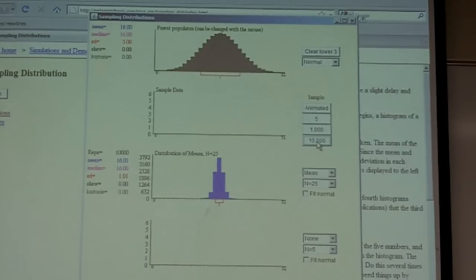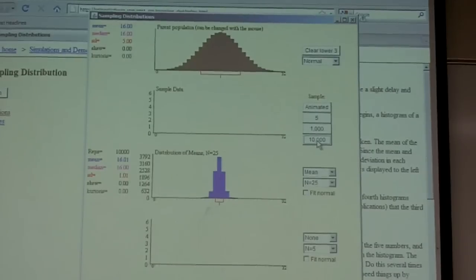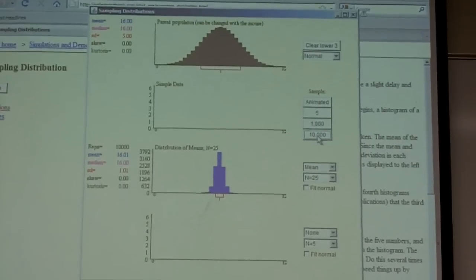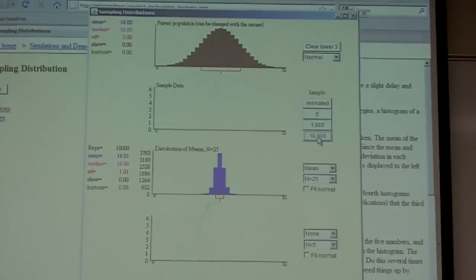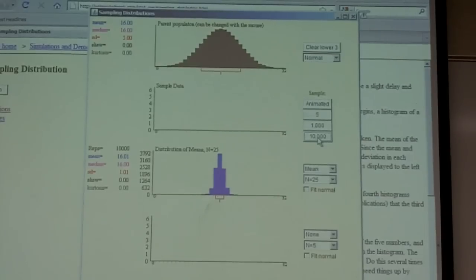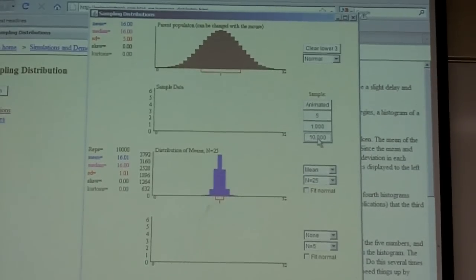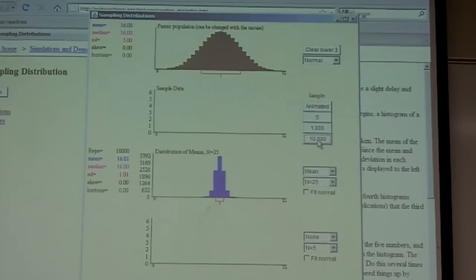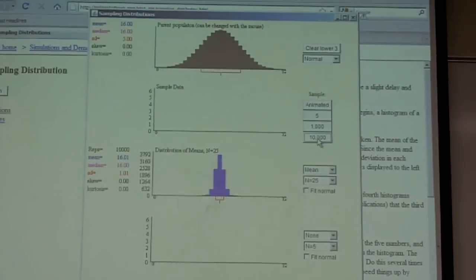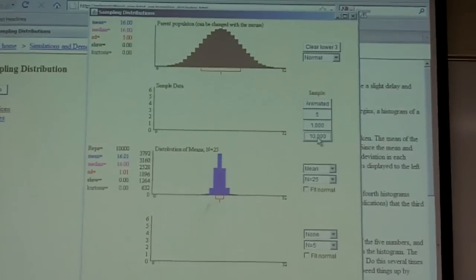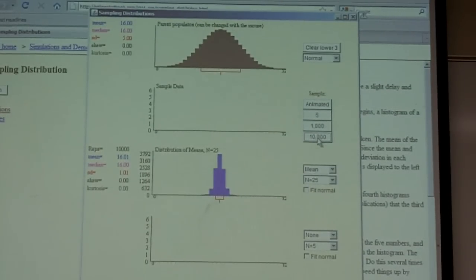So if you look at this formula, it's telling you that the variance of the sampling distribution is going to be related to the variance of the original population, and it's going to be related to it as a function of sample size. The bigger the sample size, the smaller the variance of the sampling distribution.